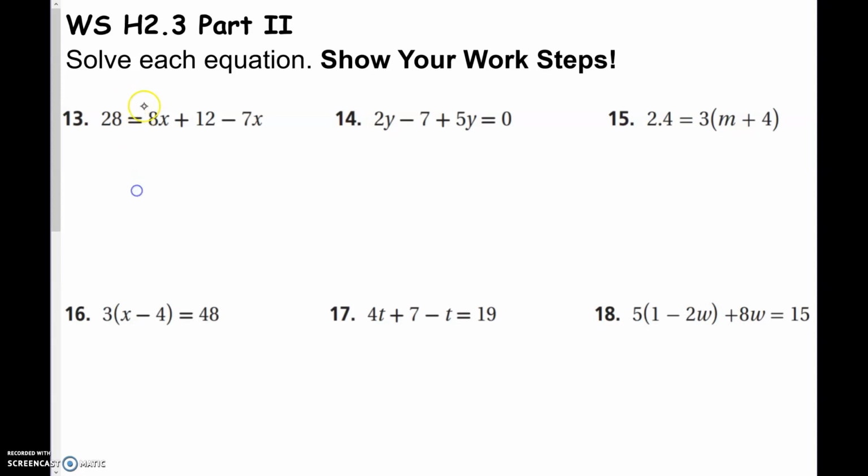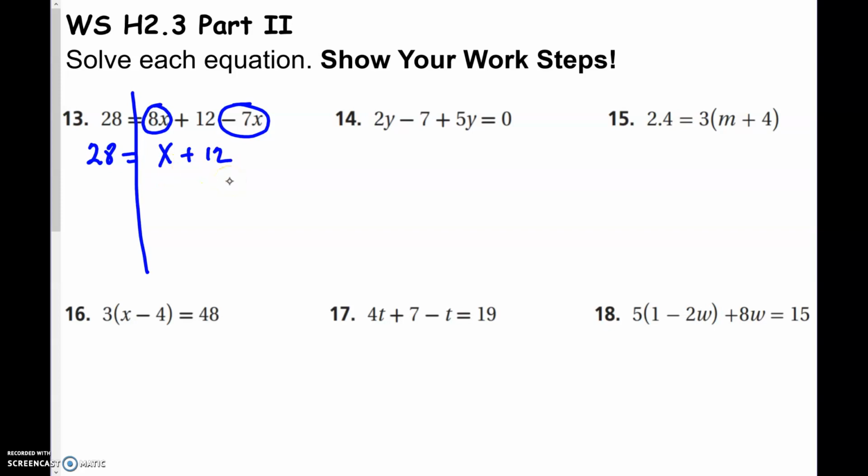The first thing we're going to do is combine like terms on the same side. So we have an 8x and a negative 7x. 8x minus 7x leaves us with 1x plus 12. Now we have our like terms combined, so this says x plus 12.